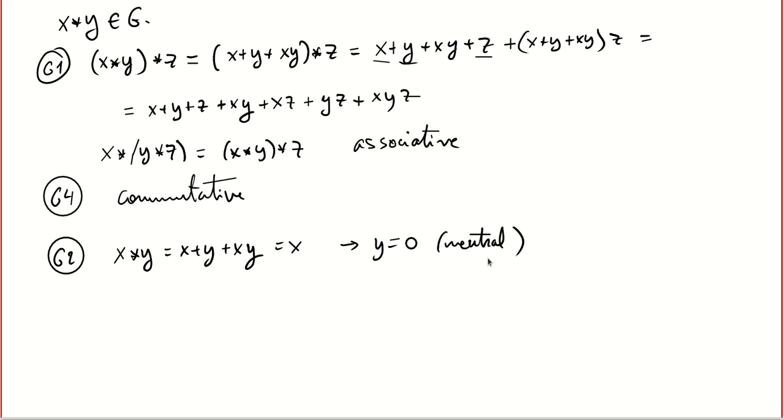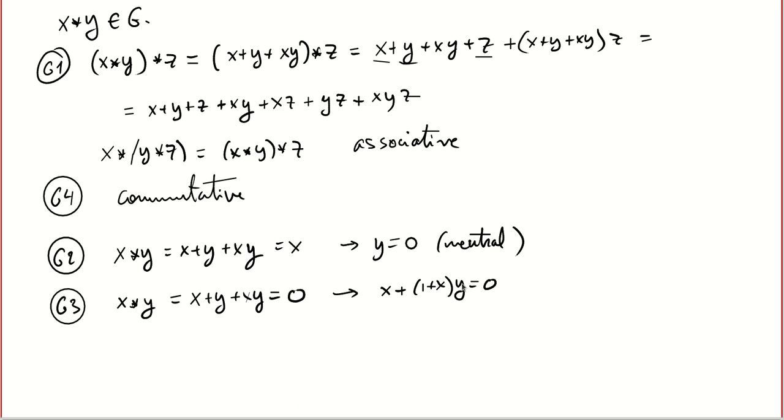And finally, let's see if there's an inverse. For an inverse, what we're looking for is a y such that this operation gives you 0, because 0 is the neutral. So here we have x plus, and then factor out y, and you have this equal to 0.